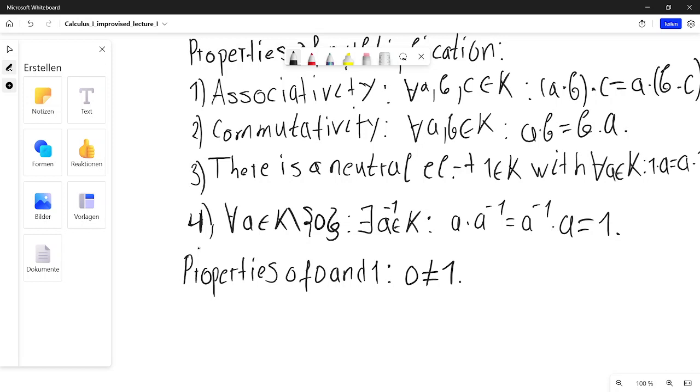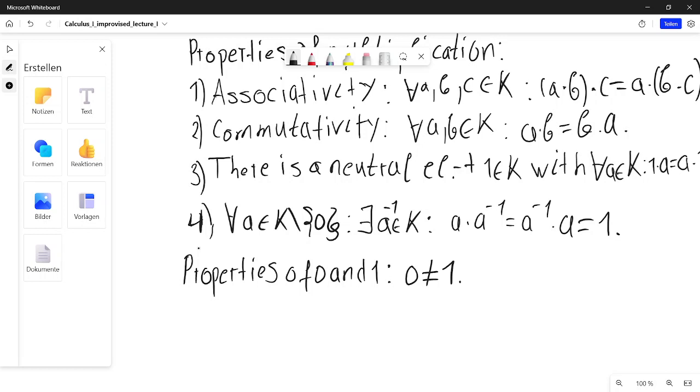But indeed, first of all, if 0 would be equal to 1, okay, actually, we could already derive it from there. But okay, I state it as an axiom. I can state a superfluous axiom. There's no problem with that.